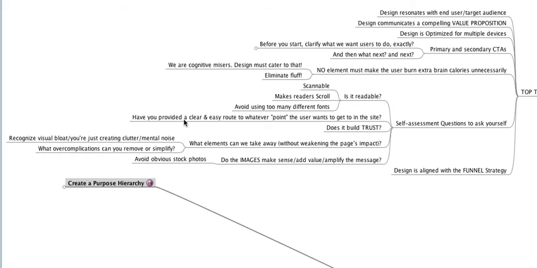It could be to read the blog. It could be to contact the influencer. It could be that they want specific content about a specific topic. It could be that they want to find out more about the influencer, so they're looking for the about page, right?